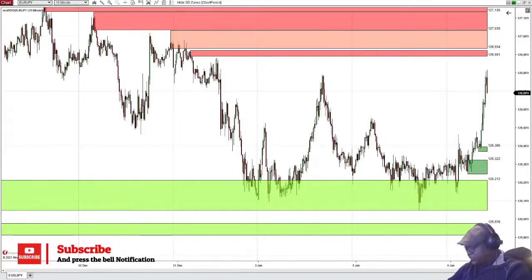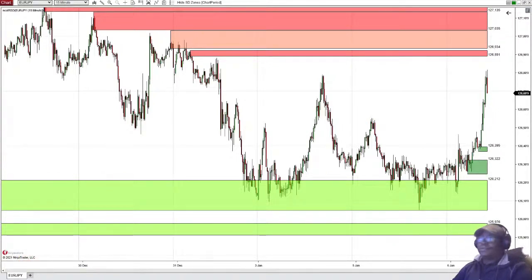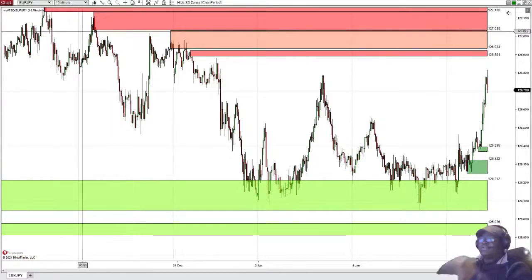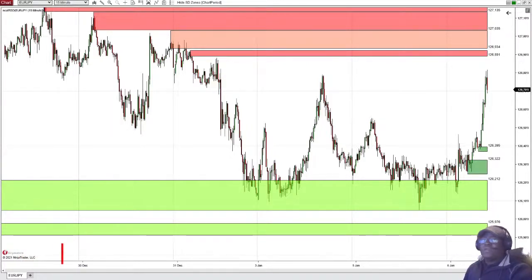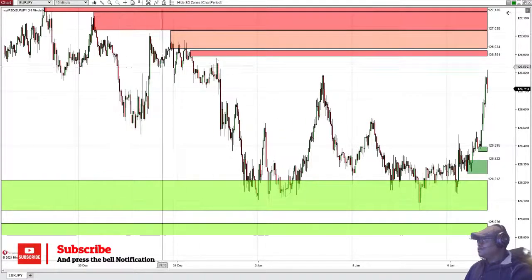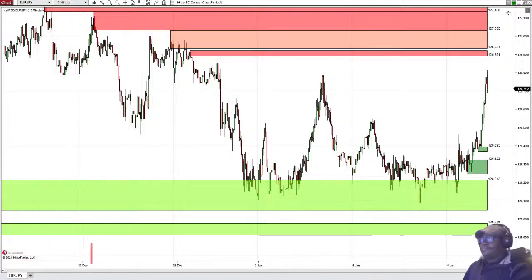Value 126.89. Yeah, already did that. So I need a lot on the 15 minutes. Okay, so Euro Yen, potentially looking for shorts.